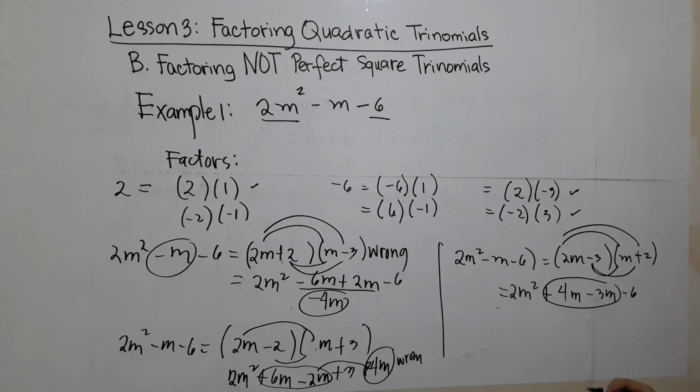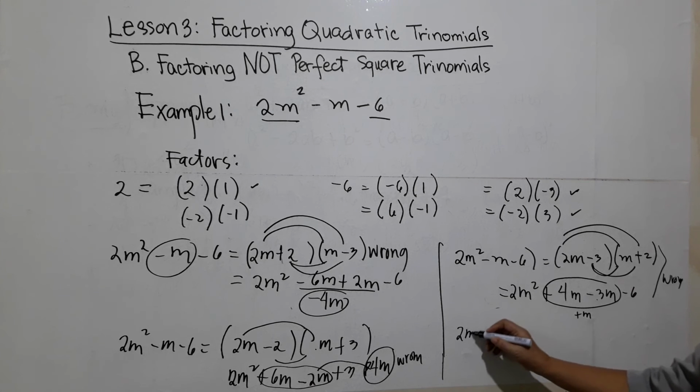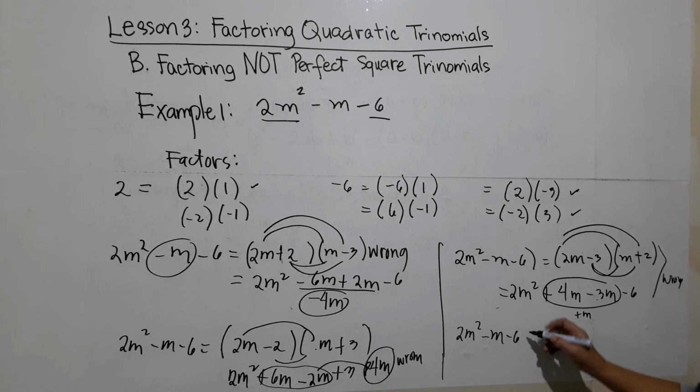What is 4m plus negative 3m? It is positive m. So therefore, it's still wrong. See? We have to do really trial and error. Okay, let's try another one.